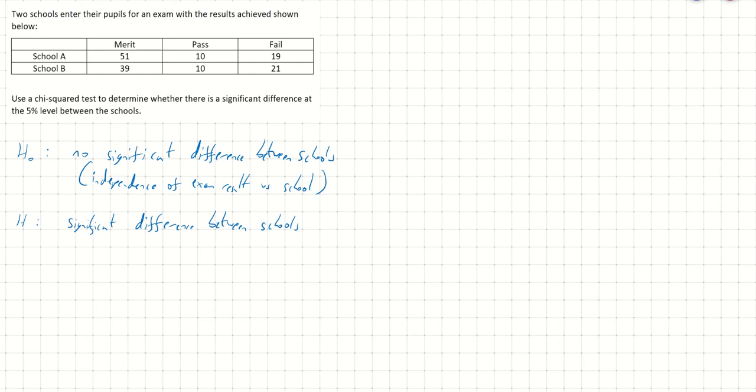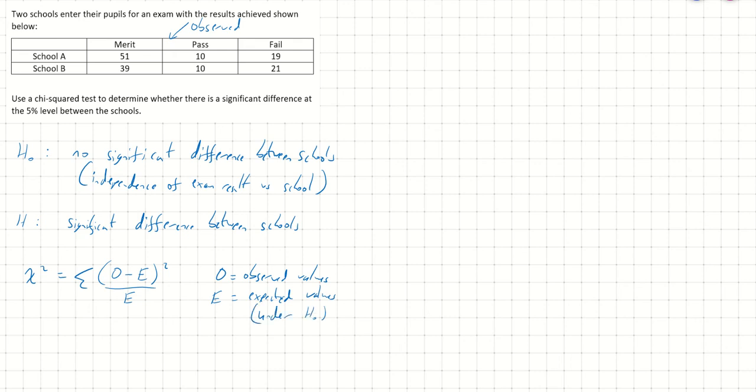Now, the key thing with the chi-square test is the chi-square test statistic, which is given by the sum of (O minus E) squared divided by E, where O is the observed values, so that's the ones that we've already got, and E is the expected values, and that's expected values under H0.